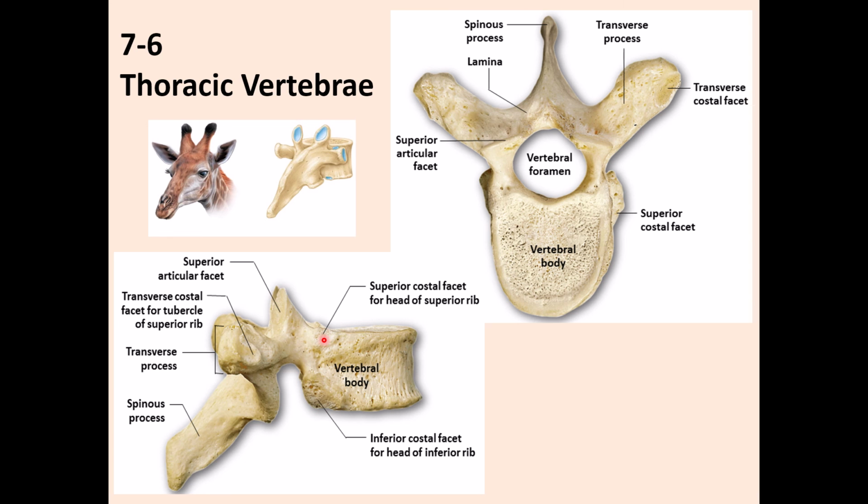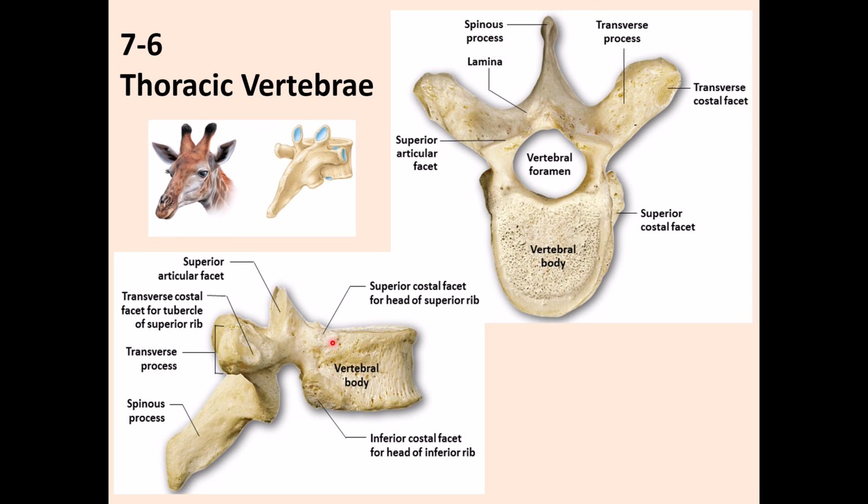The superior one articulates with the head of the superior rib, and the inferior one articulates with the head of the inferior rib. And this is the transverse process, and that also contains an articular facet. It's called the transverse costal facet. This one and this one and this one, and this articulates with the tubercle of the superior rib.